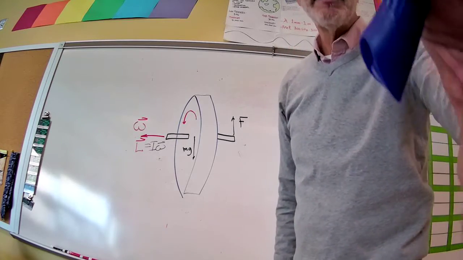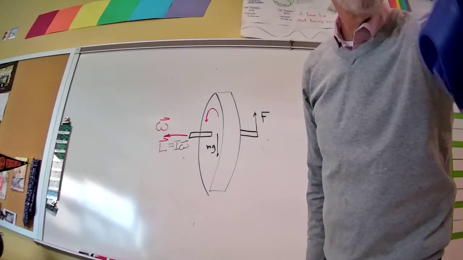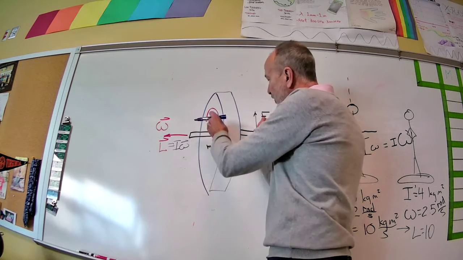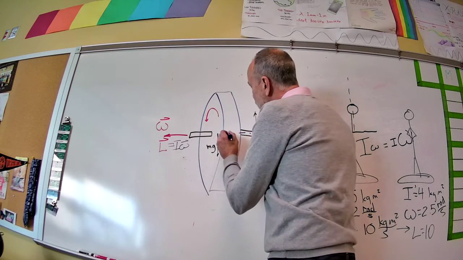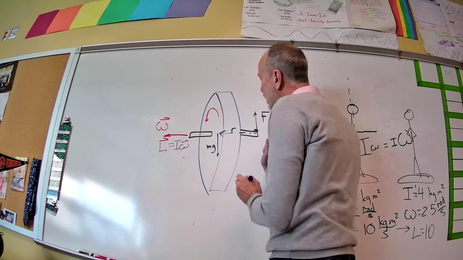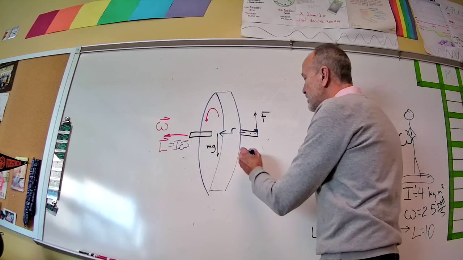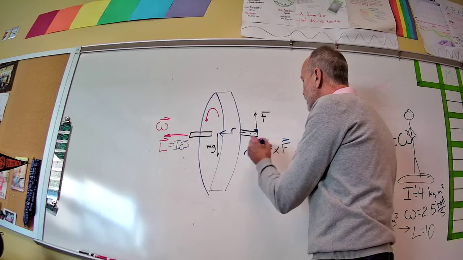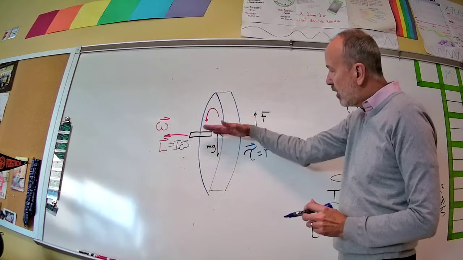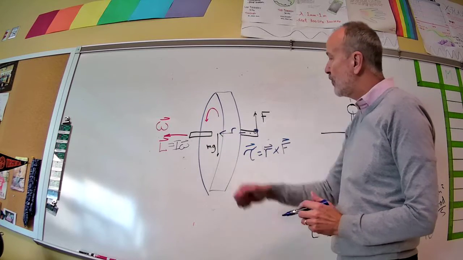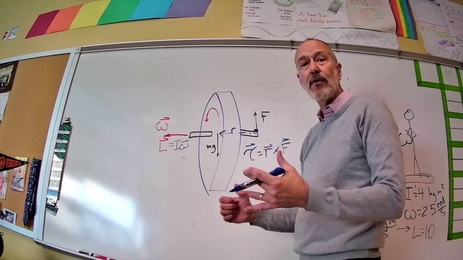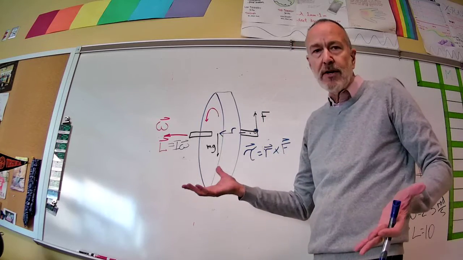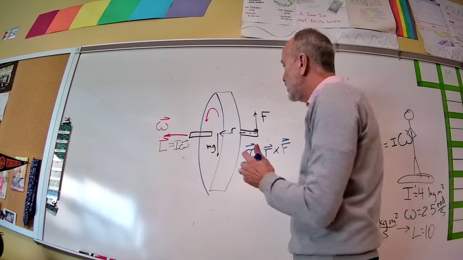Now what's going to happen is I apply a torque, okay? And the torque, remember that was held still. The torque direction is R cross F. Torque equals R cross F. Okay? R cross F, the right-hand rule says the torque is out of the board. And if you're just doing AP Physics 1, you don't care about this too much, but I want to show you how this works.